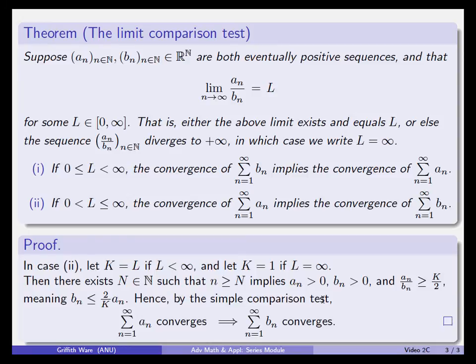We can apply the simple comparison test and conclude that the convergence of this series, which we know gives us a control for the bn's, implies the convergence of this series. And that's part 2 of the theorem substantiated.